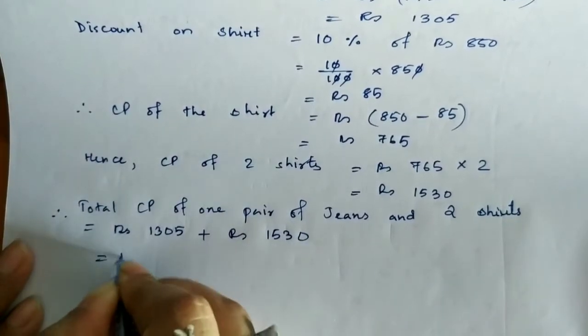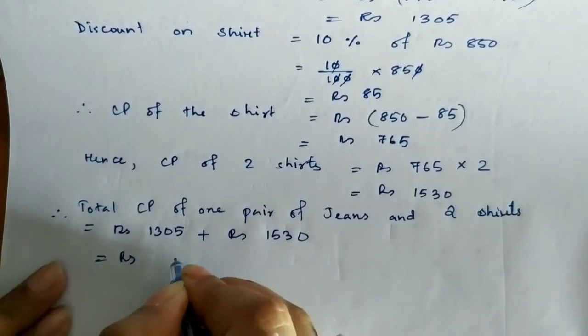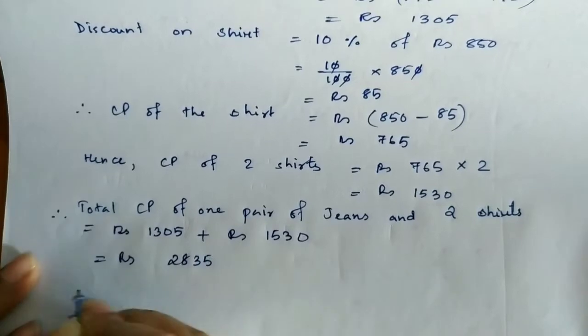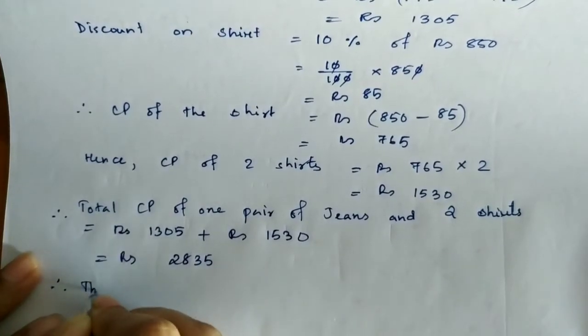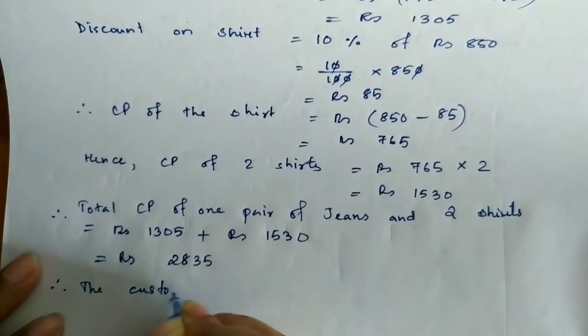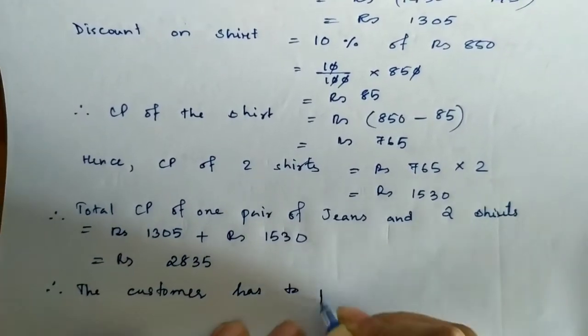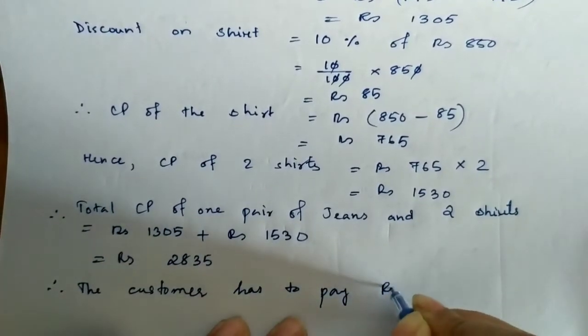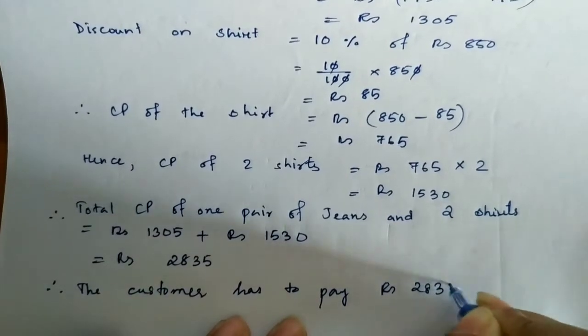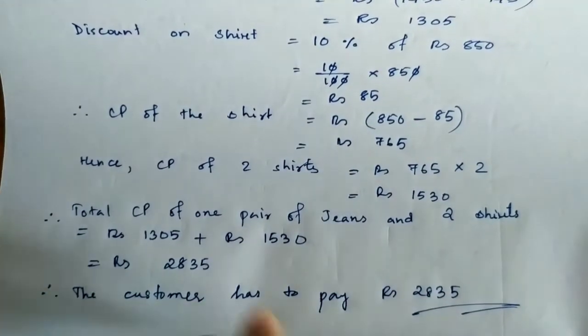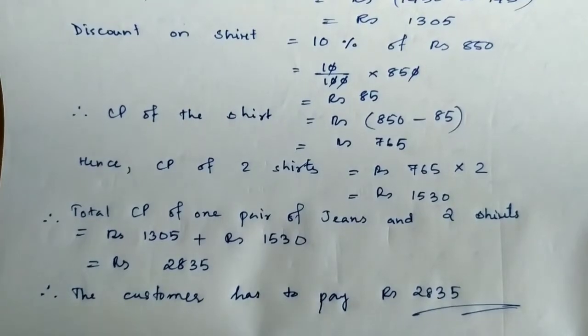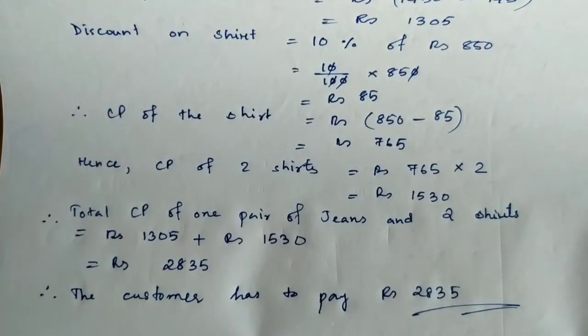If you add them up, you get 2835. So therefore the customer has to pay rupees 2835, if he or she wants to buy one pair of jeans and two shirts after getting the discount. So this way you can do the sum.